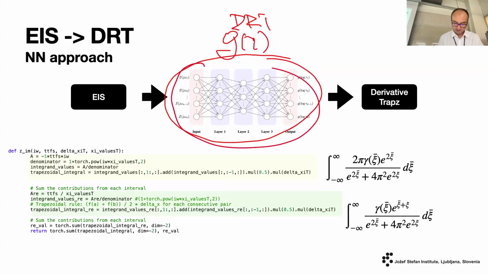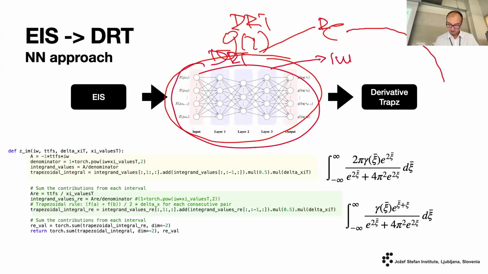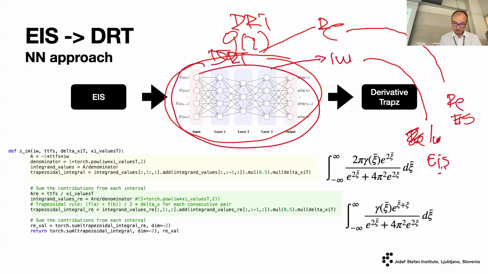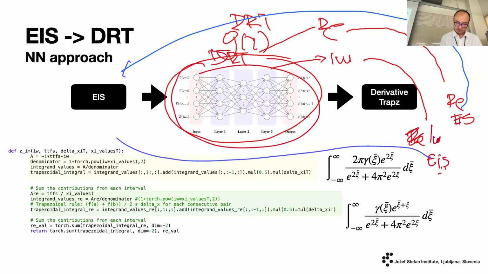So again, this is the DRT. And then we split it into real part and imaginary part. We can do it. And then integrate this out. And we have real, this is the imaginary ICE, and this is the real ICE. And then we can compare this with the measured one, and in such a way, we can do the training.